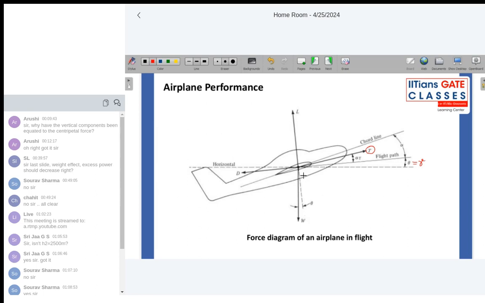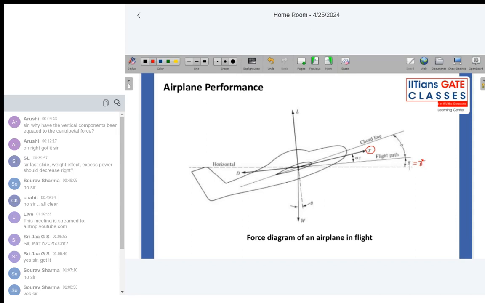Now, I draw a line parallel to the lift axis and perpendicular to the horizontal axis, which is the weight. Weight acts perpendicular to the horizontal axis. The angle between the flight path and the horizontal axis is gamma.